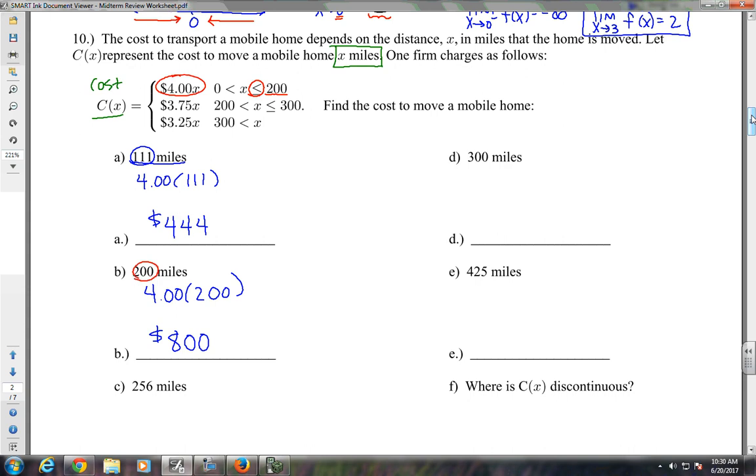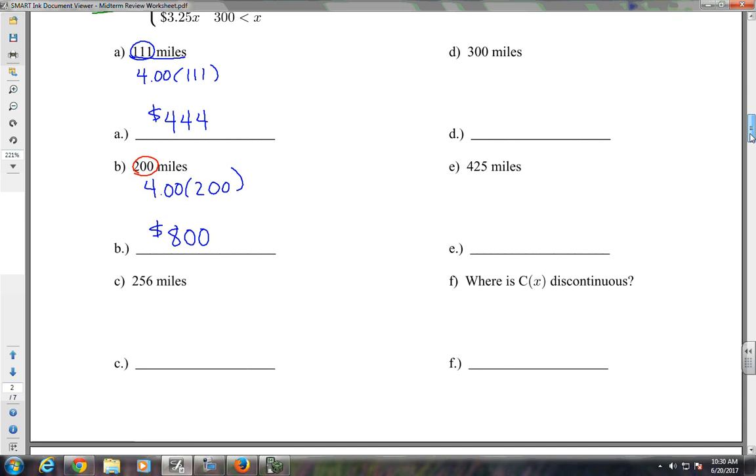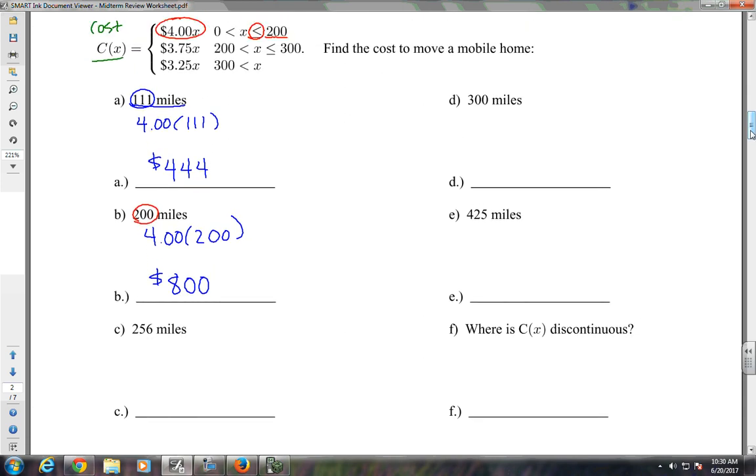Okay? So to use a piecewise defined function, figure out where your x value fits in all of those restrictions and use only the line indicated by that restriction. So the next x value here is 256 miles. We have to figure out where 256 fits within those restrictions. Clearly, 256 is between 200 and 300, so I should be using this line to calculate the cost.